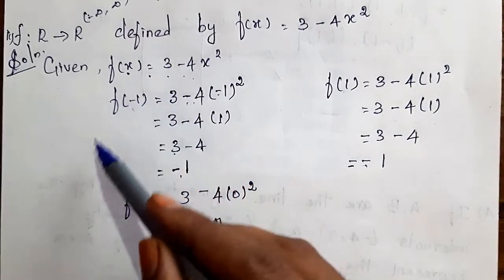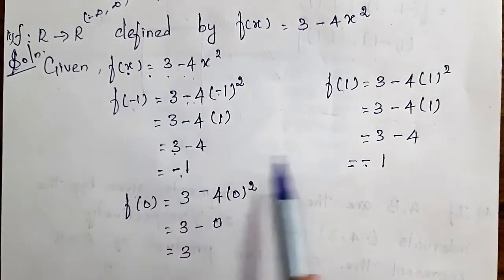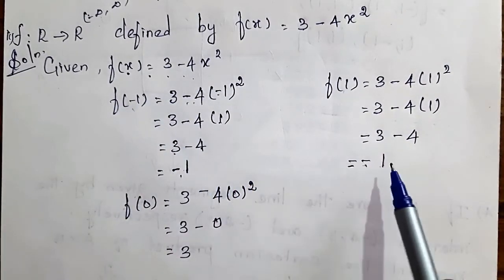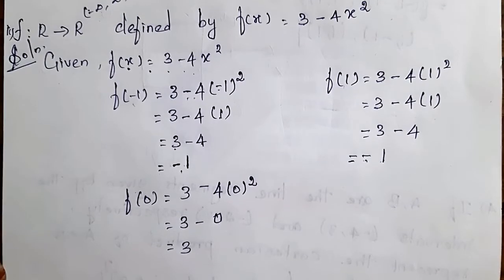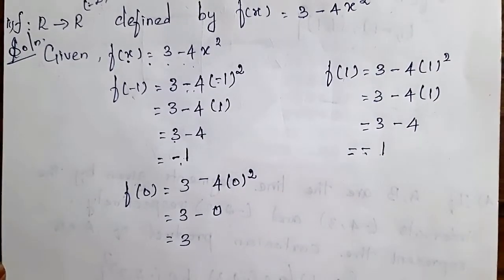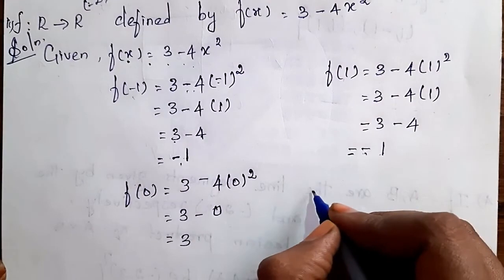But different elements in this domain have the same image. We got the same image, so it fails the condition 1-to-1. If it fails 1-to-1, definitely f is not bijective. Because bijective means if it is 1-to-1 and onto, we can say it is bijective. It is not 1-to-1. Then how can you say it is bijective? It is not bijective.